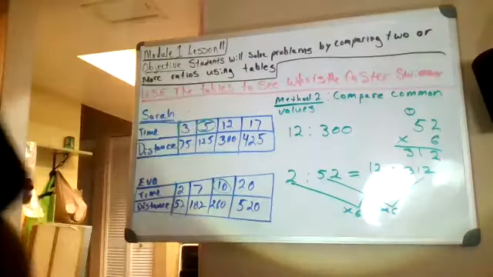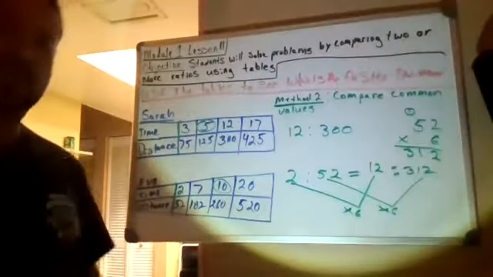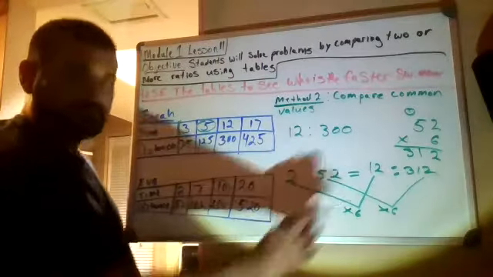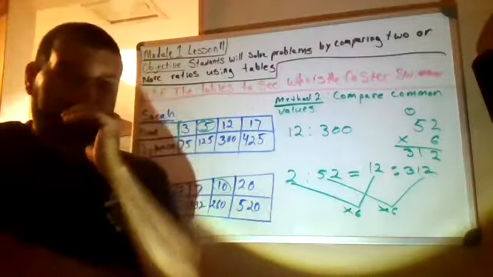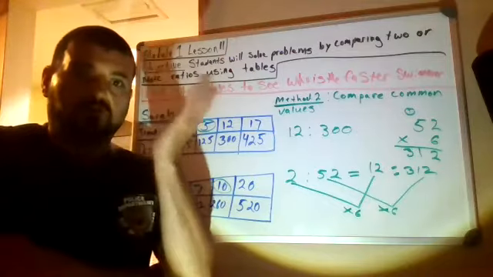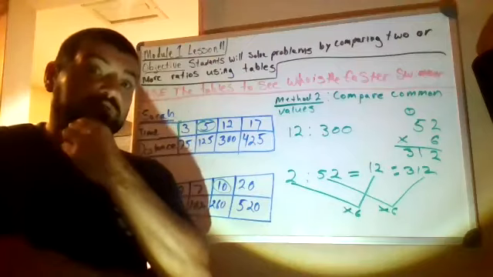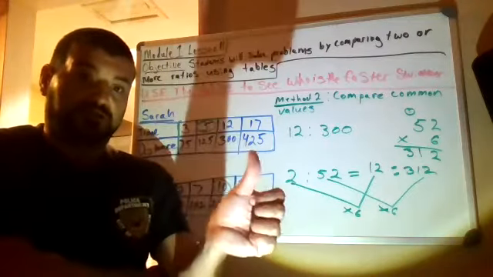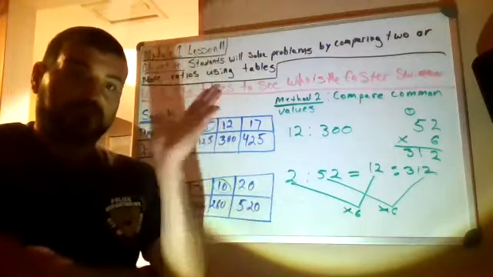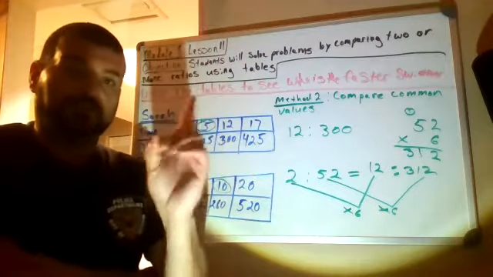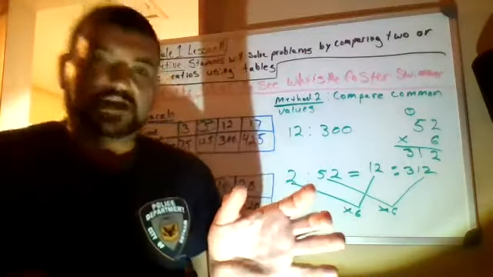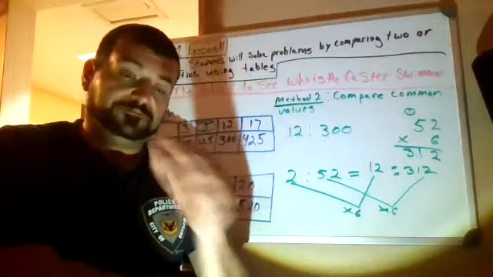So let me just turn this off so you can see the work a little bit. There it is. Okay, so here's the work. And that's basically lesson 11. The whole thing is comparing the two kinds of tables. The work we did today was we practiced scaling up and scaling down, using multiplication and addition for scaling up, and division and subtraction for scaling down.